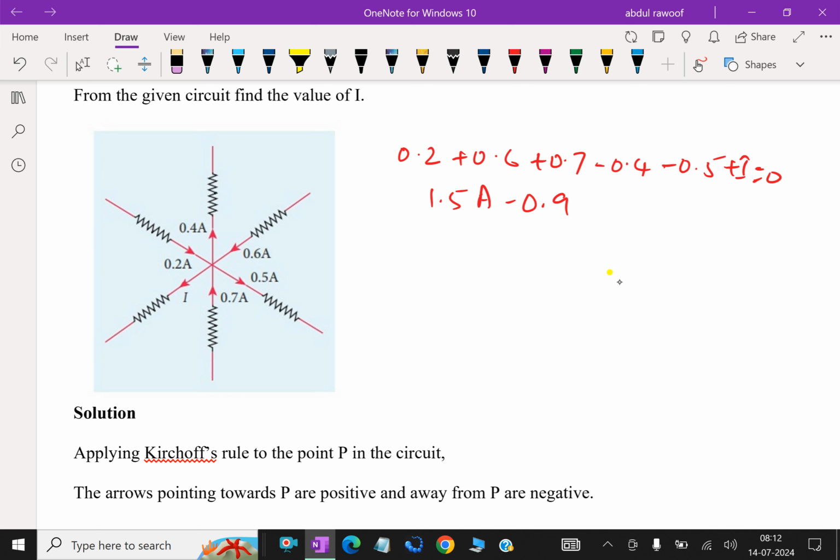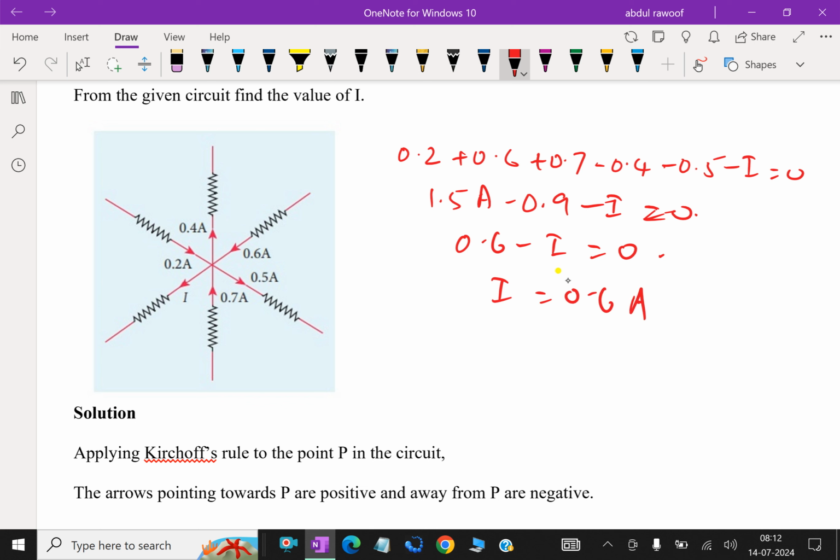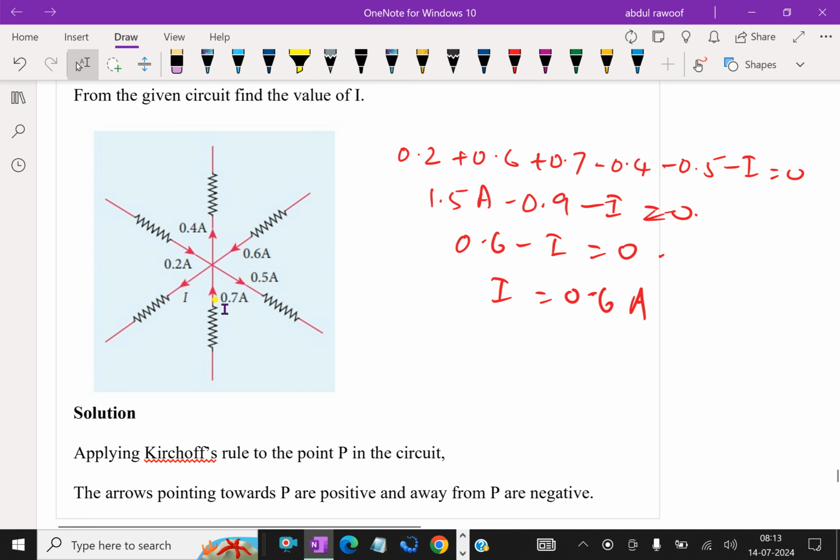So 1.5 minus 0.9 is 0.6, minus I equals 0, then I equals 0.6 amps. Therefore, the algebraic sum of the current is 0.6 amps. That means it is positive, so it comes towards the node, the final I.